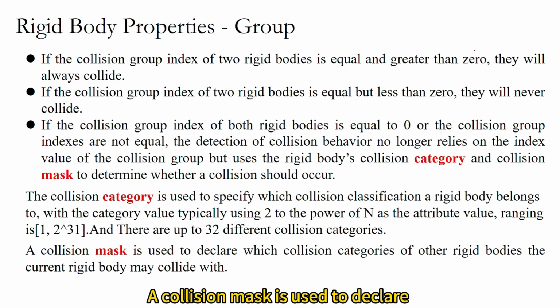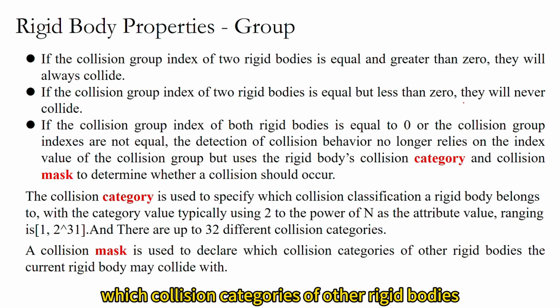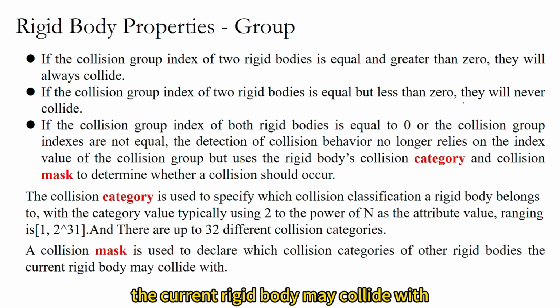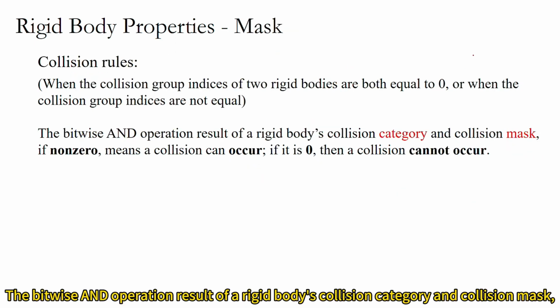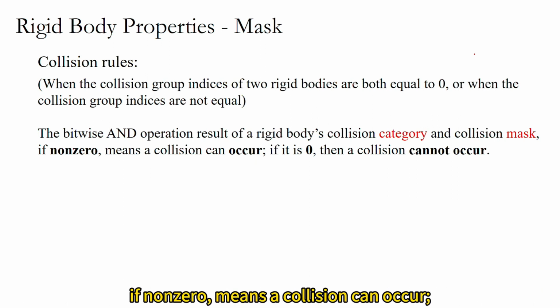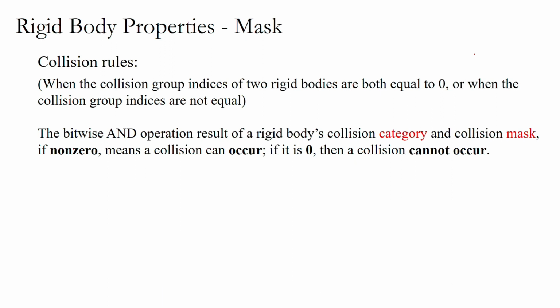A collision mask is used to declare which collision categories of other rigid bodies the current rigid body may collide with. If the bitwise AND operation result of a rigid body's collision category and collision mask is non-zero, a collision can occur. If it is 0, then a collision cannot occur.